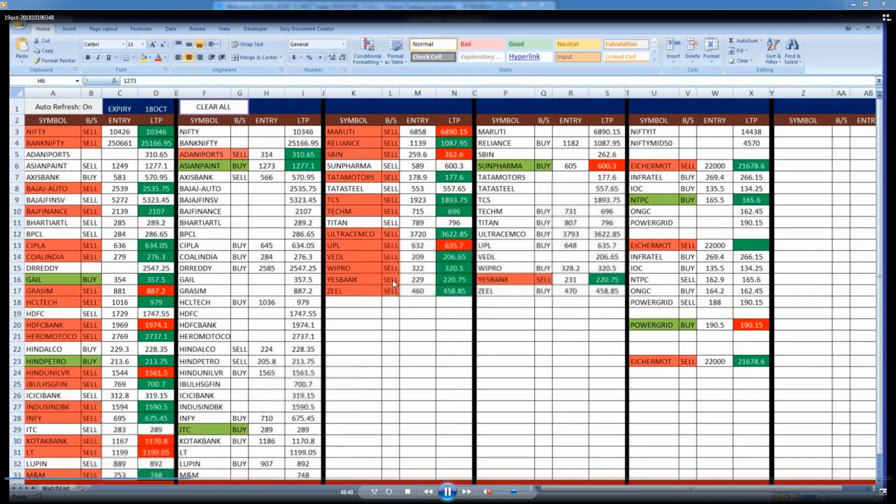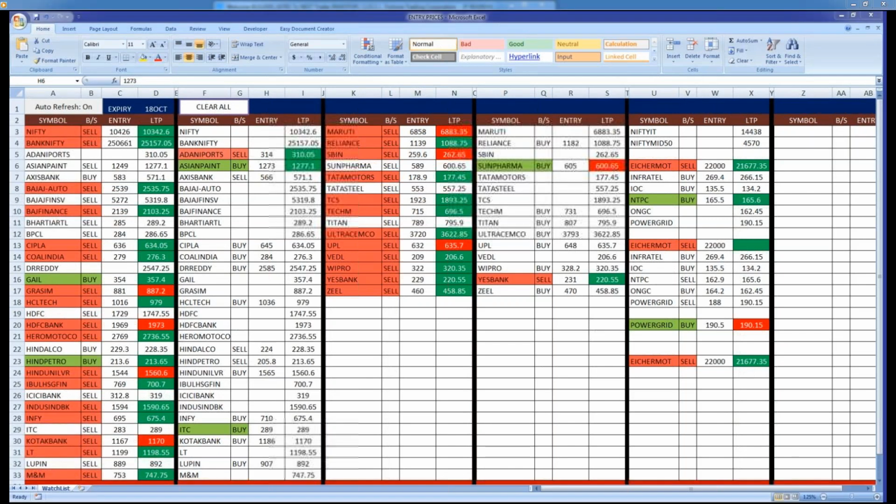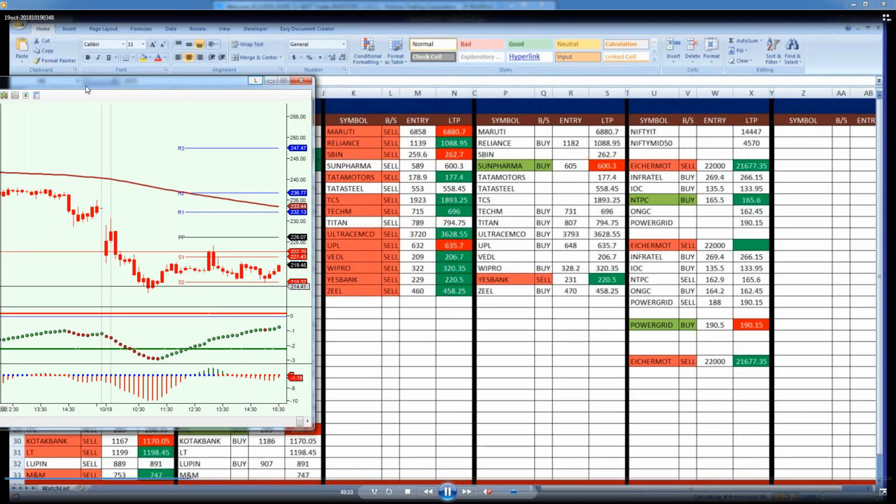Another interesting trade we had was Yes Bank. I'll show you. The reason why I'm showing you all this is Yes Bank and ZTV. See, Yes Bank, my entry is 231, and it is now at 220.